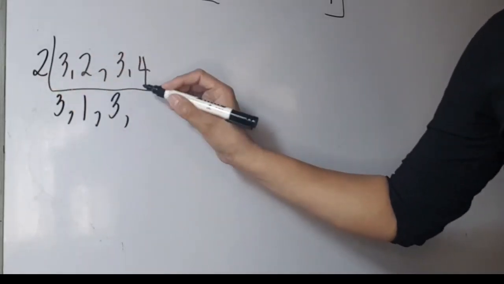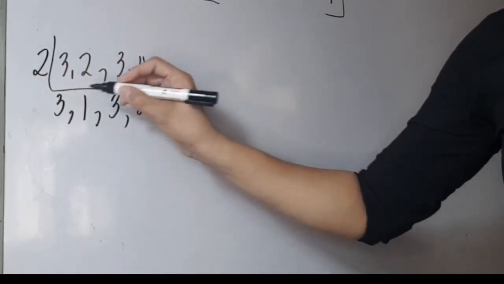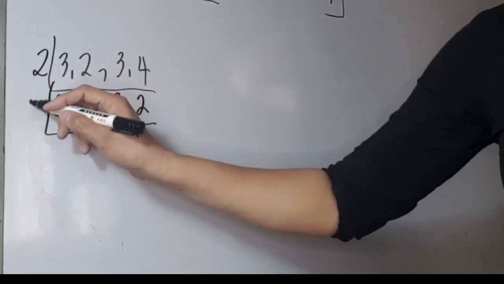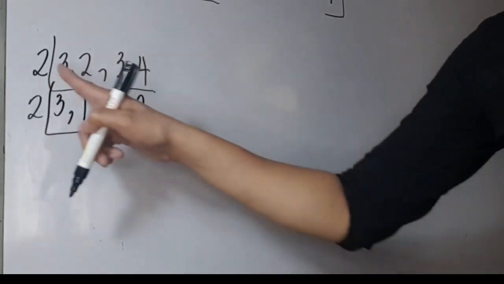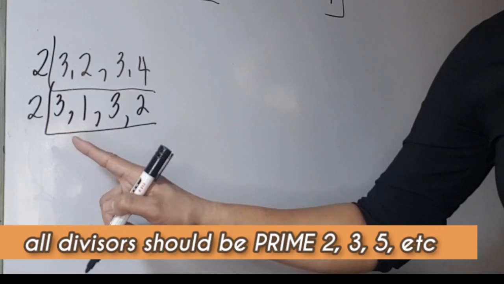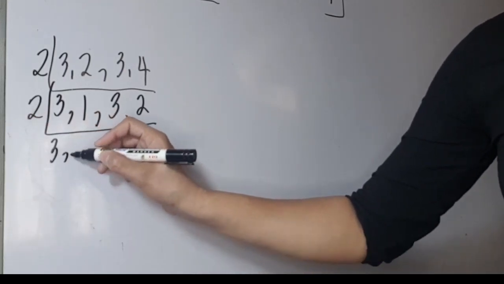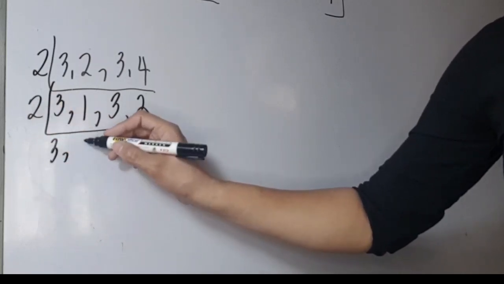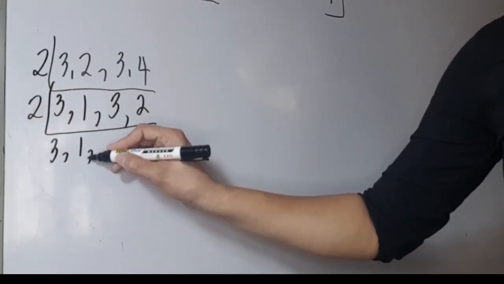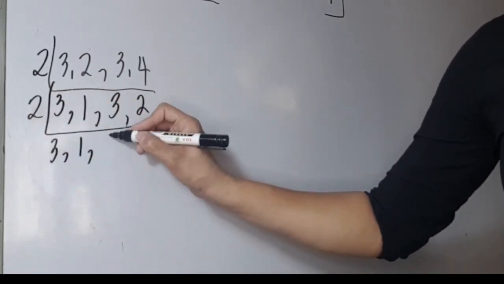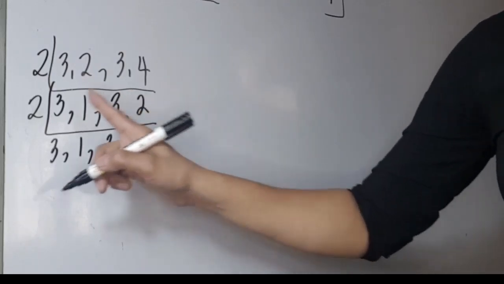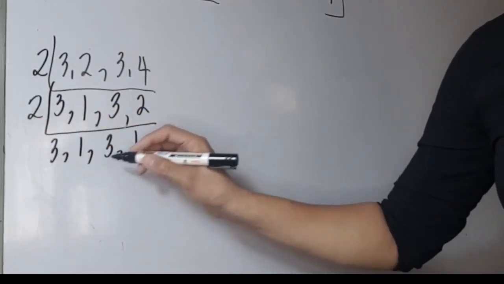Then 4 divided by 2 is 2. Again, if you divide by 2, 3 is not divisible, so bring it down. 1 divided by 2 is not divisible, so bring it down. 3, just bring it down. 2 divided by 2 is 1.